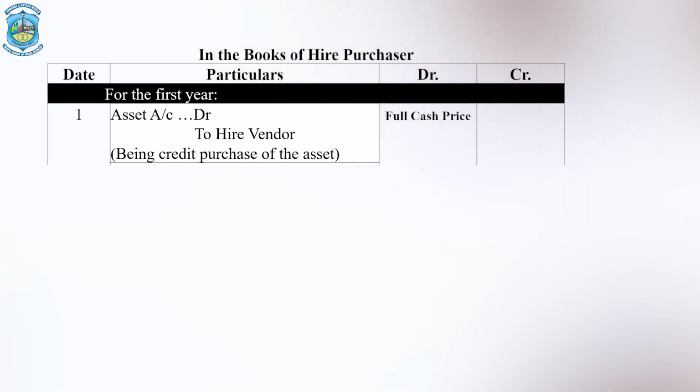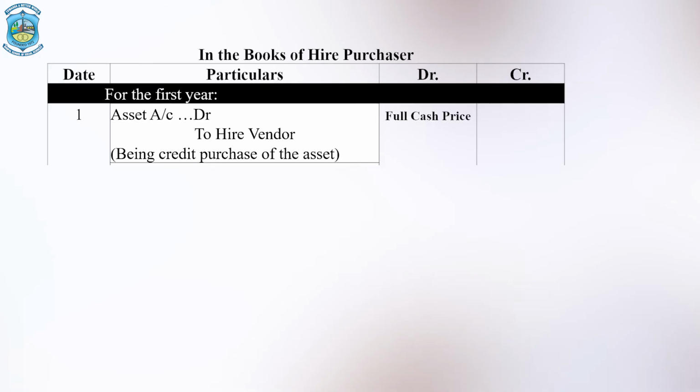Let us take an example. Suppose the cash price of the asset is say 10 lakhs, and this 10 lakh is to be paid in 4 installments, where the first installment itself is the down payment, and the remaining amount, that is 7,50,000, has to be paid in 3 equal annual installments. Now for the down payment, where we had made the entry in the asset accrual method as the very first entry, that is asset account debited to cash for making the down payment, here we are going to record the entire cash price in the first go itself, and that is asset account debited to hire vendor with 10 lakhs itself.